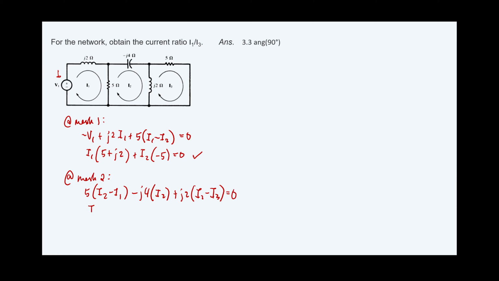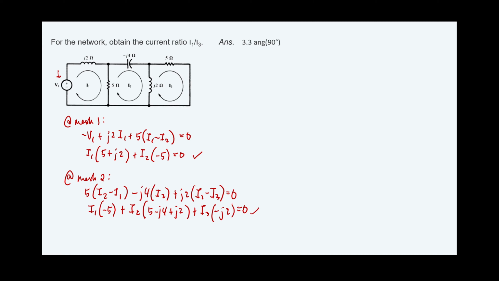So you arrange this: all I1, negative 5, plus all I2, 5 minus j4 plus j2, and then plus I3 times negative j2, equals 0. So you have this another linear equation.